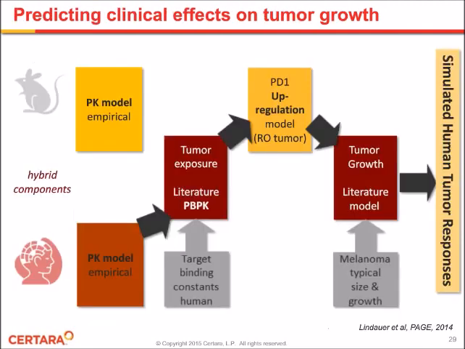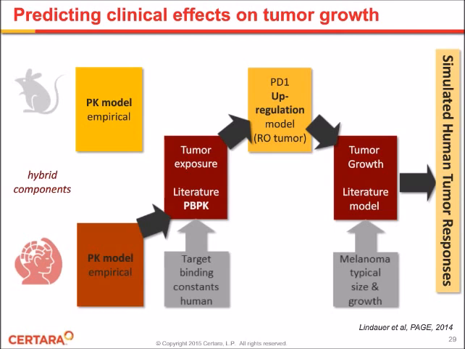So this is then how our translation looked, working towards a simulated human tumor response. So we essentially switched from the mouse PK model to our human PK model. We had our literature-based tumor exposure model, in which we actually also replaced the target binding constants, which we had from in vitro data, both in mice and humans.